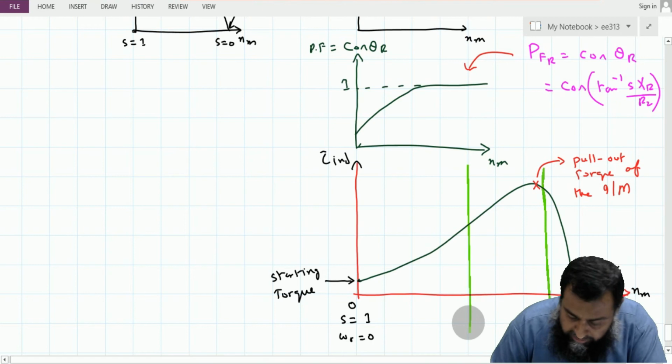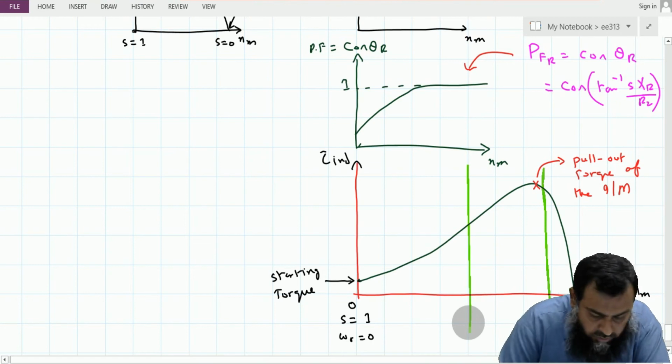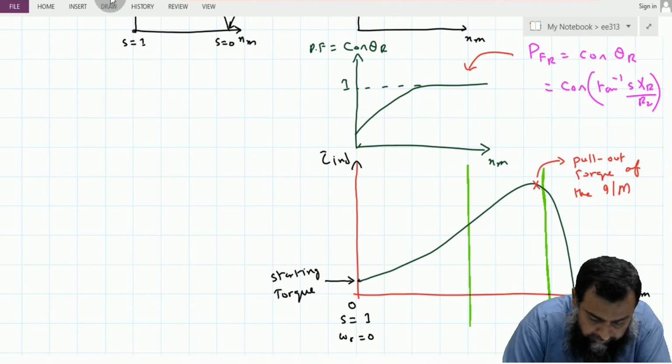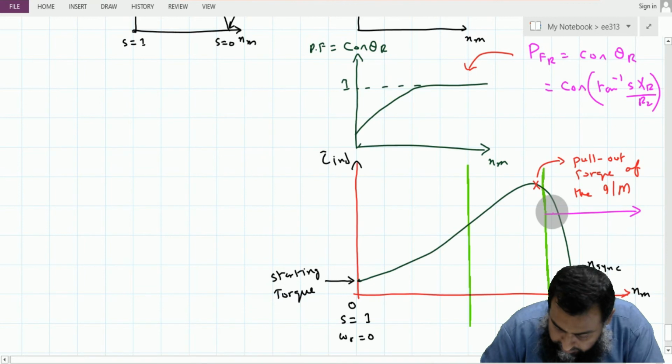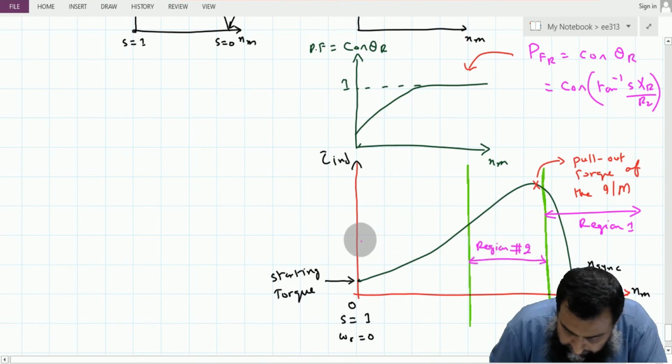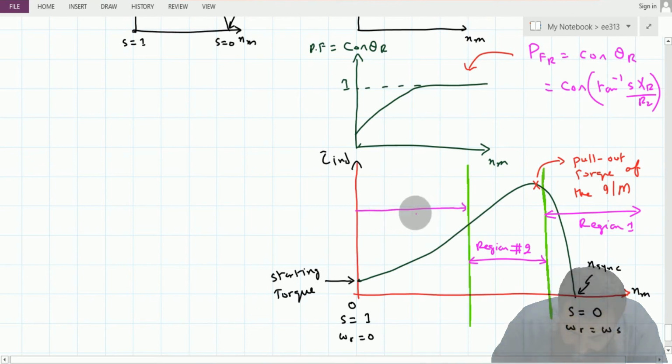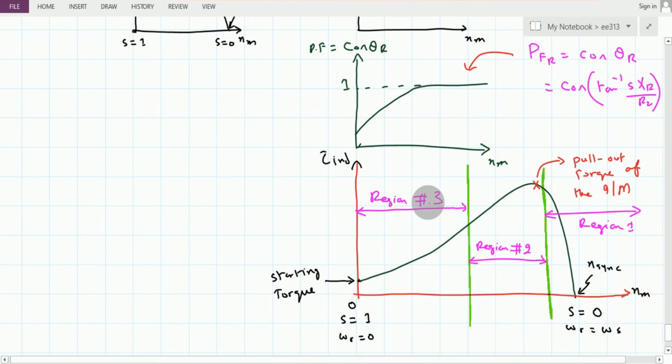So let us say that this region is known as region number 1, this is region number 2, and this one is region number 3. Now these three regions are based on the value of this slip.